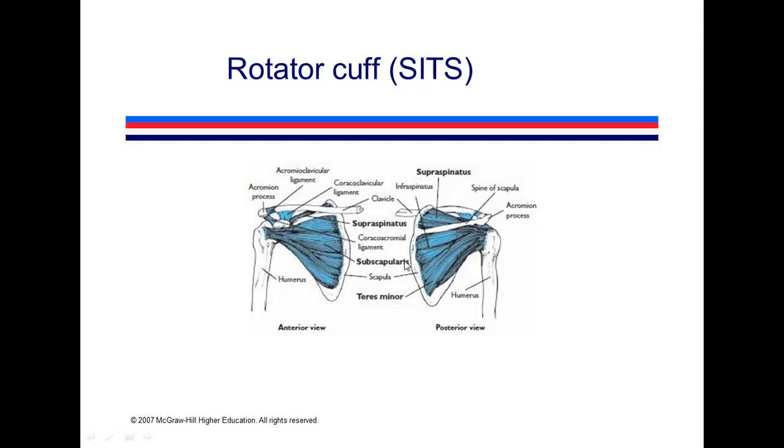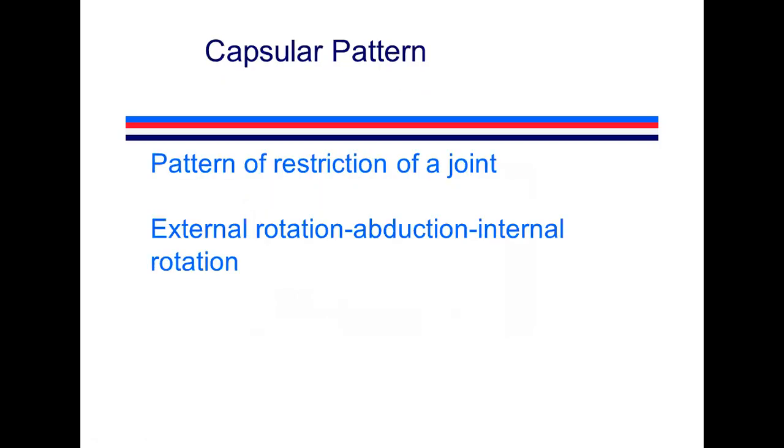And all these muscles form a tendon, which is called rotator cuff tendon, and they are actually inserted on the bicipital groove of humerus here. You must know about these muscles because these are the most problematic muscles when it comes to injury or problems related to shoulder joint, or you can say glenohumeral joint.